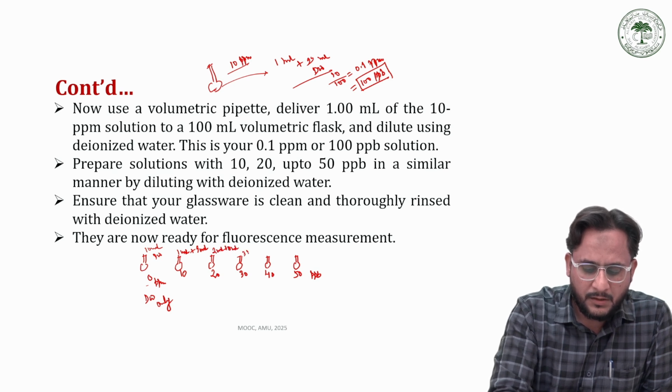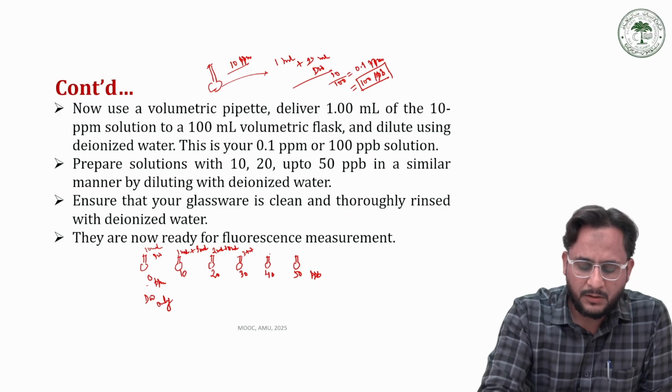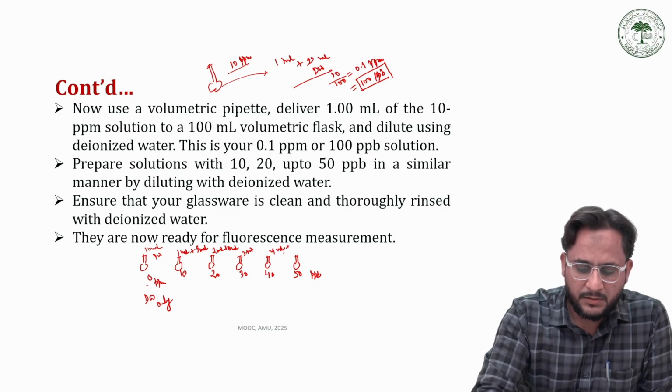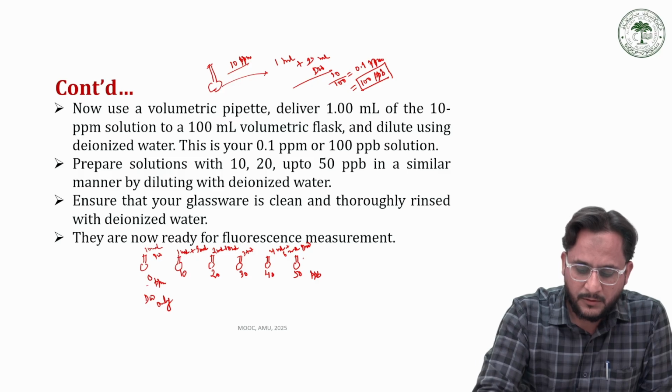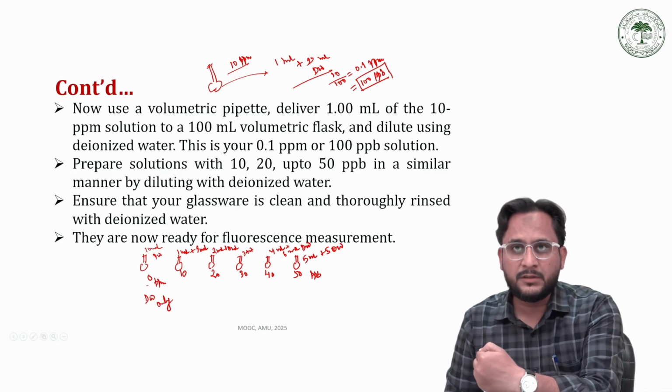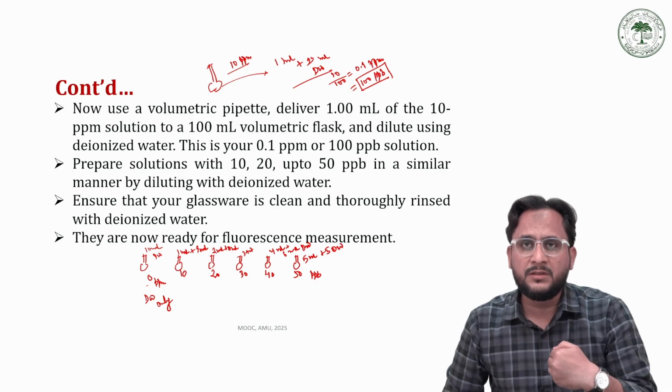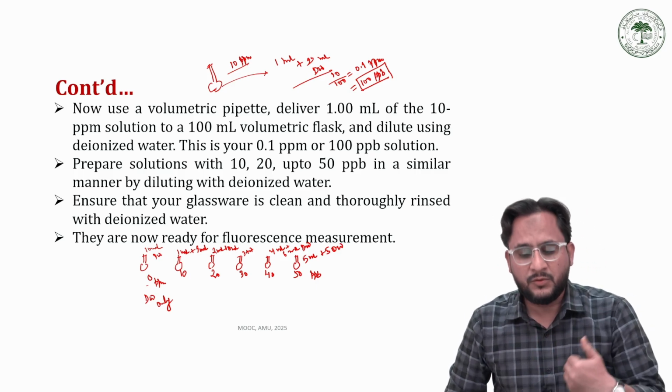Then 3 ml and 7 ml distilled water, then 4 ml of this solution and 6 ml distilled water. In the last one we put 5 ml of the above solution plus 5 ml distilled water. We just make it 2 times diluted, so the concentration comes from 100 ppb to 50 ppb.